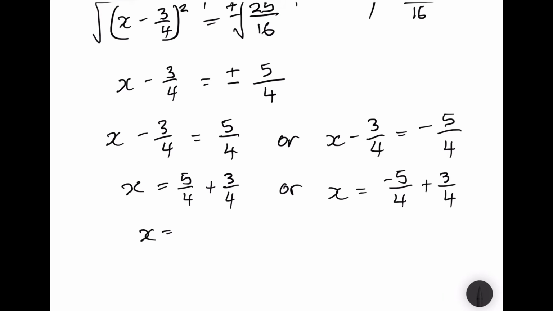So x would be equal to, I said in our fractions, if the denominators are the same, we just simply add the numerators and keep the denominator. We're going to come to fractions later on. So in this case, that's going to be 5 plus 3, that will be 8. So 8 over 4, that will give us 2. So x is 2, or x is negative, again, we're going to take 4 as our denominator.